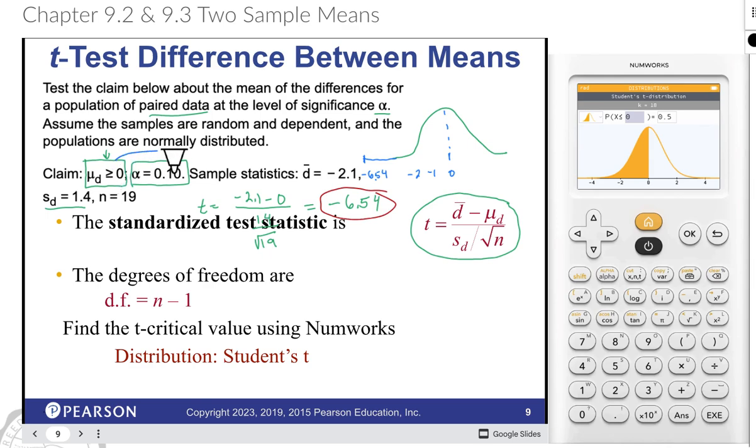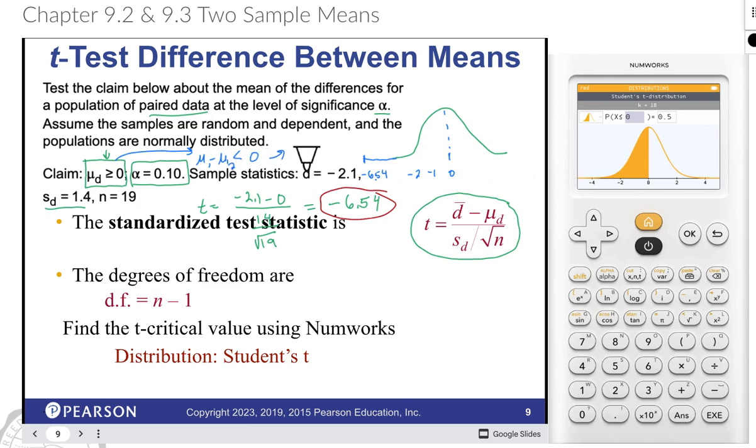Well, it would be the opposite of being greater than or equal to 0, which means it's going to be less than 0. And it's the difference of the means, so mean 1 minus mean 2 is how our calculator puts it in. But we're looking for the less than. That's a left tail test.